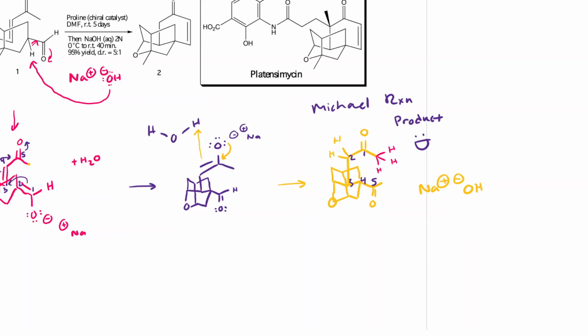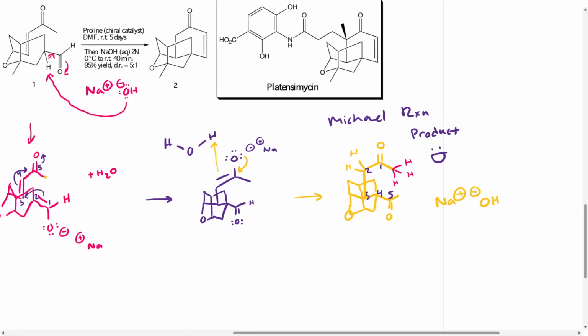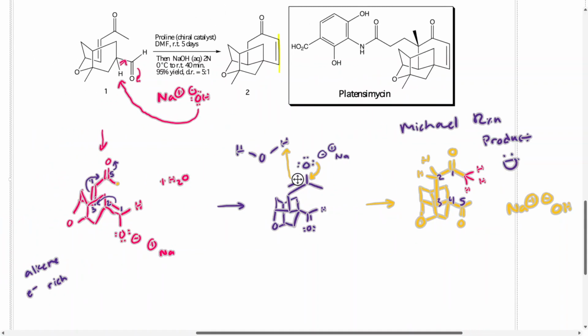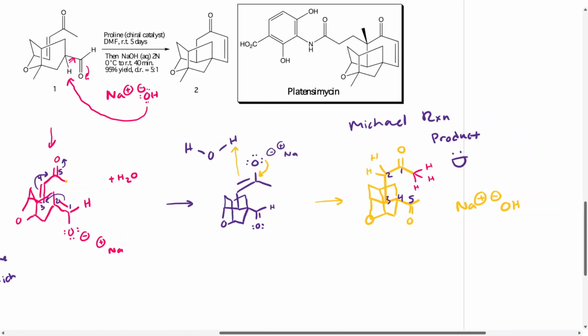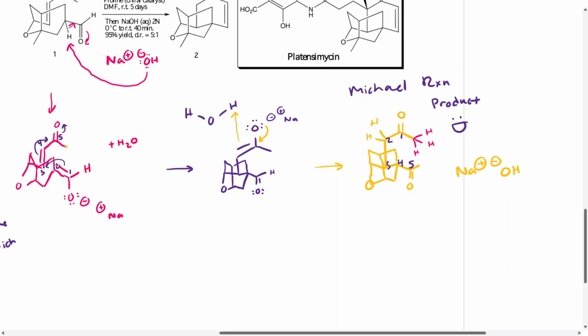Another reason why it would attack that side of the molecule is if we look at our beginning and ending molecule, we see that there's a bond formed here that wasn't explicitly there before. So that tells us that we need some sort of alkene on the right side of the molecule to be able to form the bond that was not previously there. So that's another reason why we would attack that side over any other.